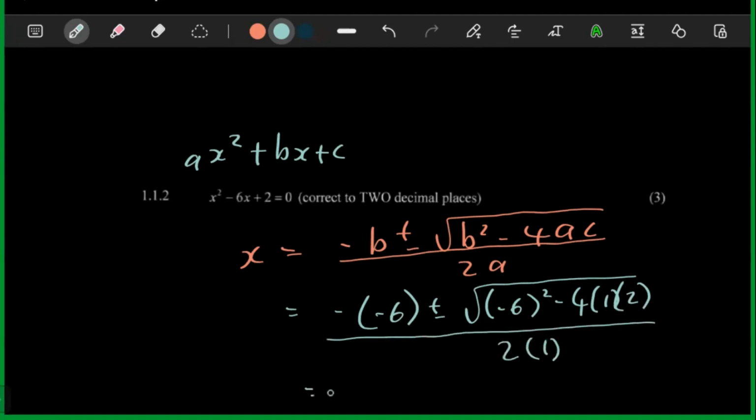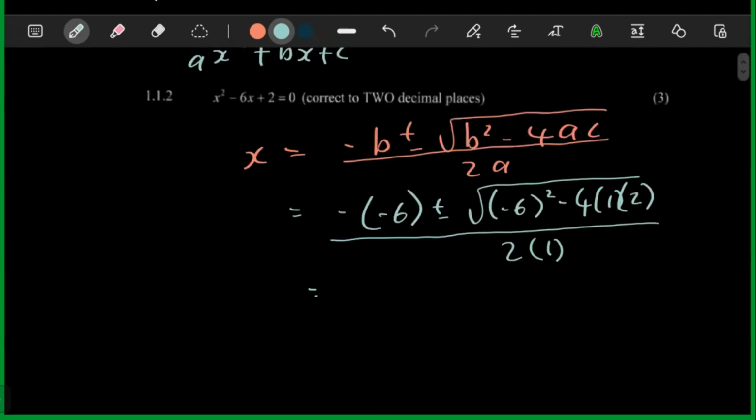So all this goes in your calculator. Let me get the calculator nicely so that we can put everything in there properly for all of us to see.